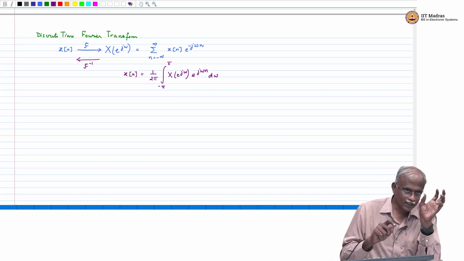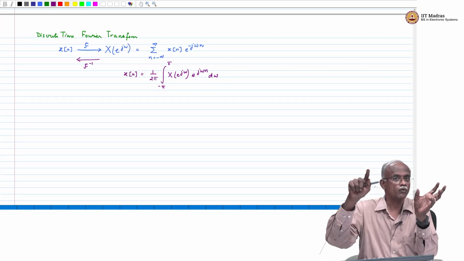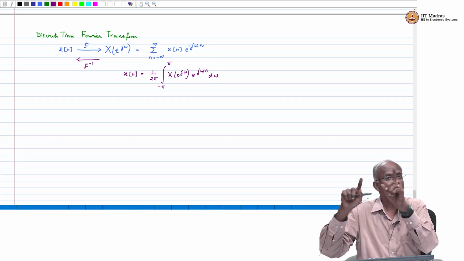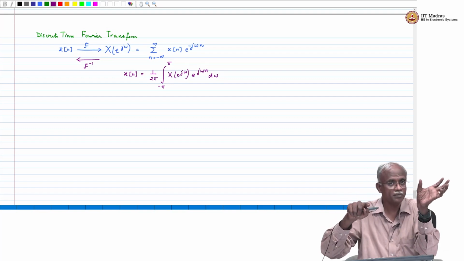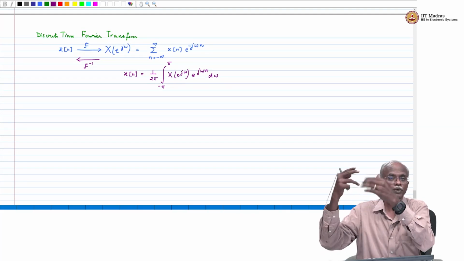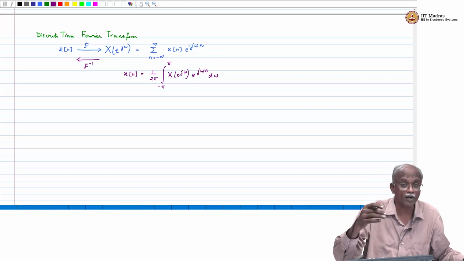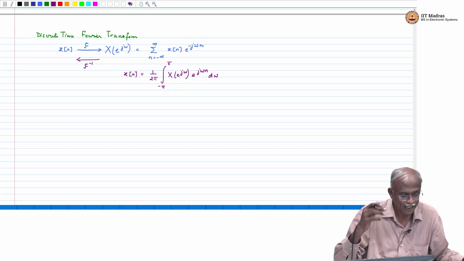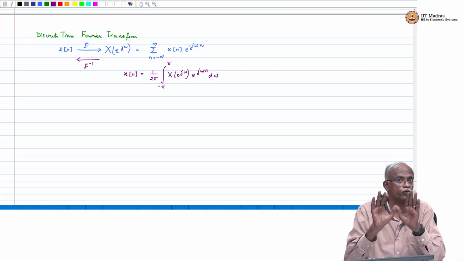You take an x of t, which is periodic, and then you compute the Fourier coefficients, and then write the periodic signal as a Fourier series, which will be a sum of the Fourier coefficients times the fundamental frequency and the harmonics. So actually, this is a counterpart of the Fourier series.